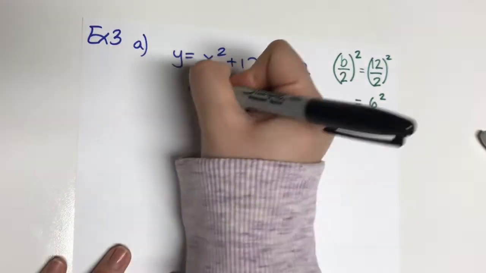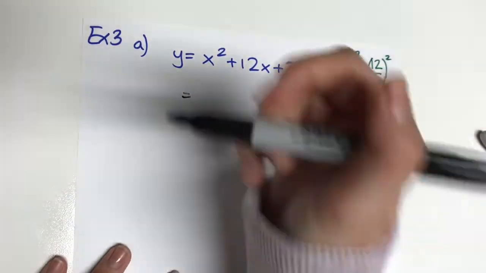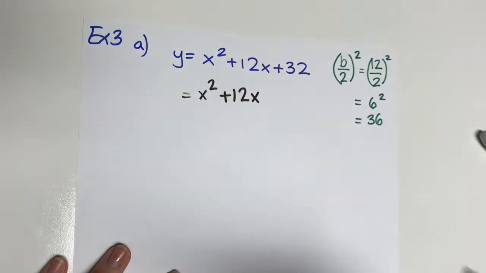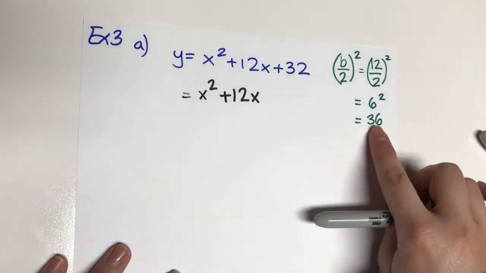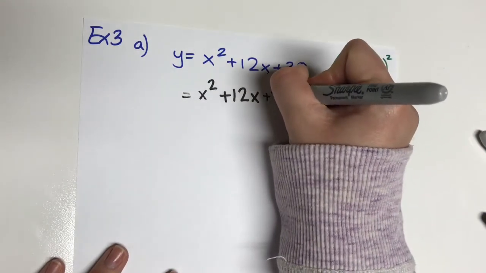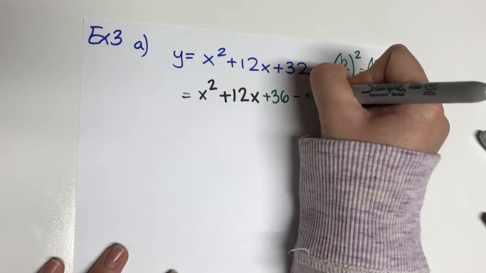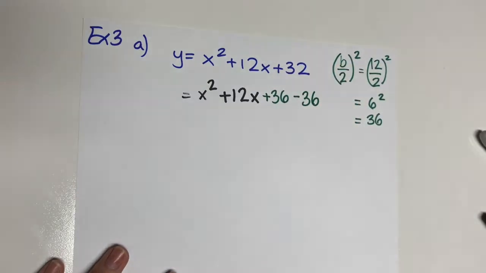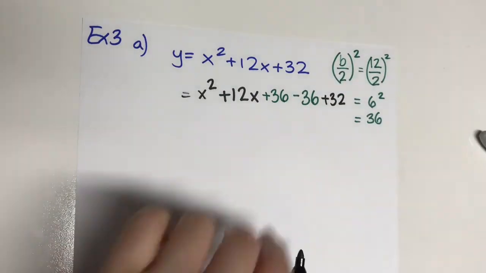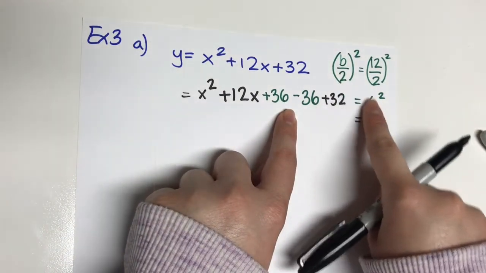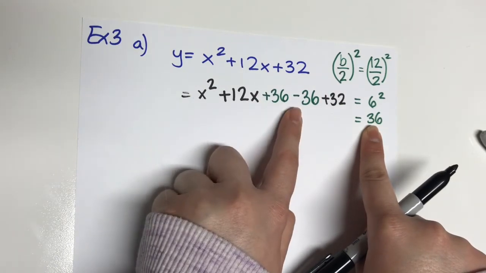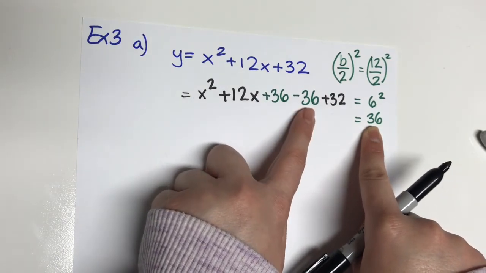So I'm going to copy the equation the same way, but after the first two terms, I'm going to take the 36 and say plus 36 minus 36 plus 32. All I did was insert this between these two terms, plus 36 minus 36.